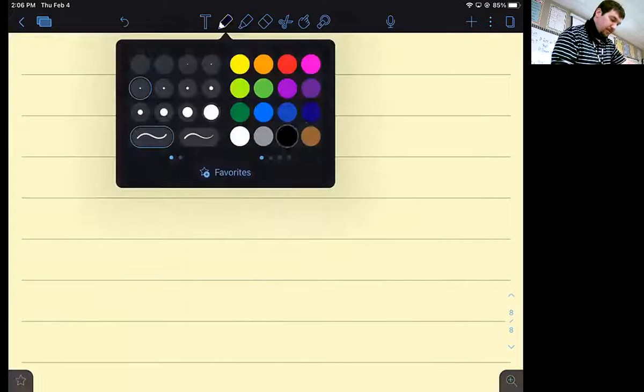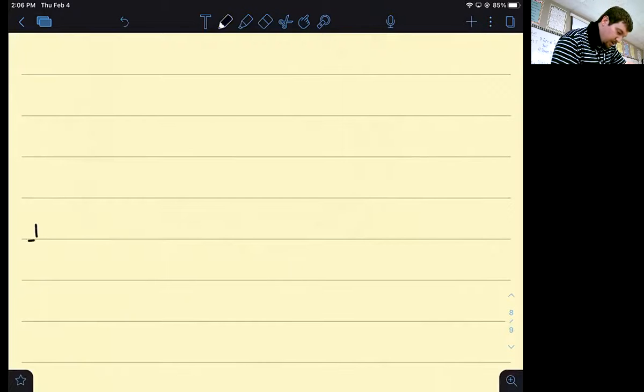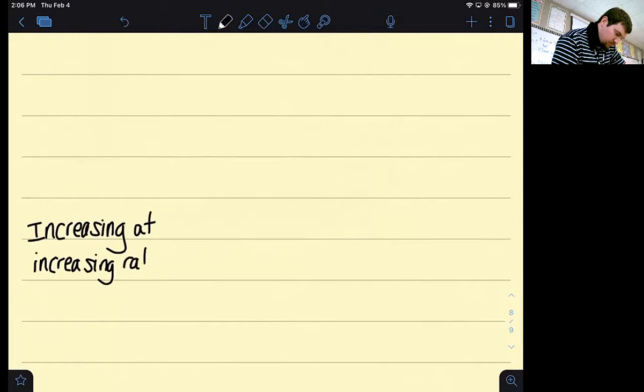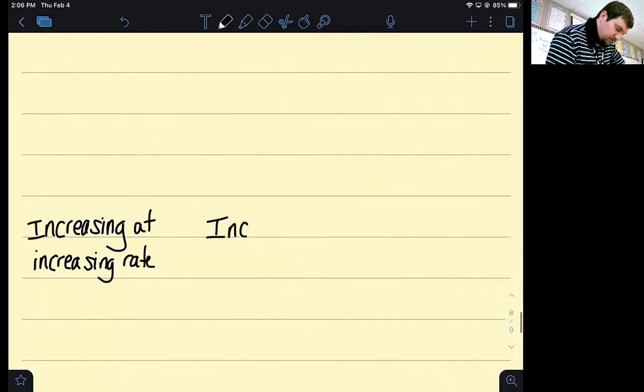Okay, so here's the first one: increasing at an increasing rate. Okay, increasing at a decreasing rate.